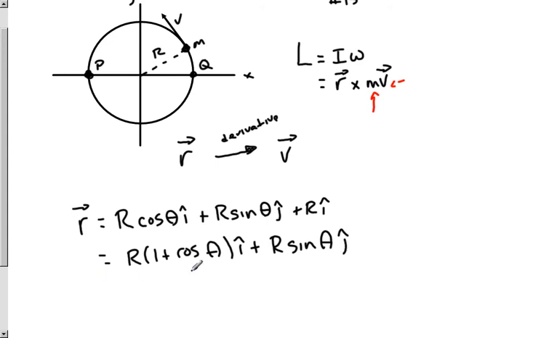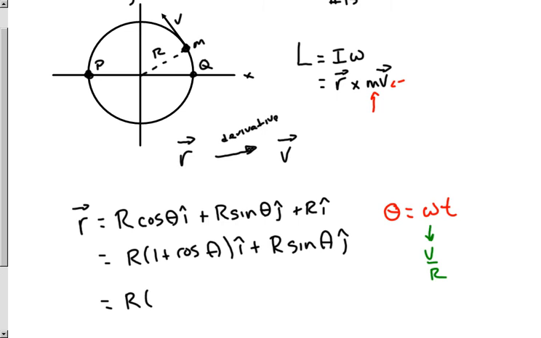Now in order to find our theta as a function of time, we should see that theta is equal to omega times t, but in fact omega here is equal to v over r. So we end up having a theta function that is given by the following. I'll just fill it right in here.